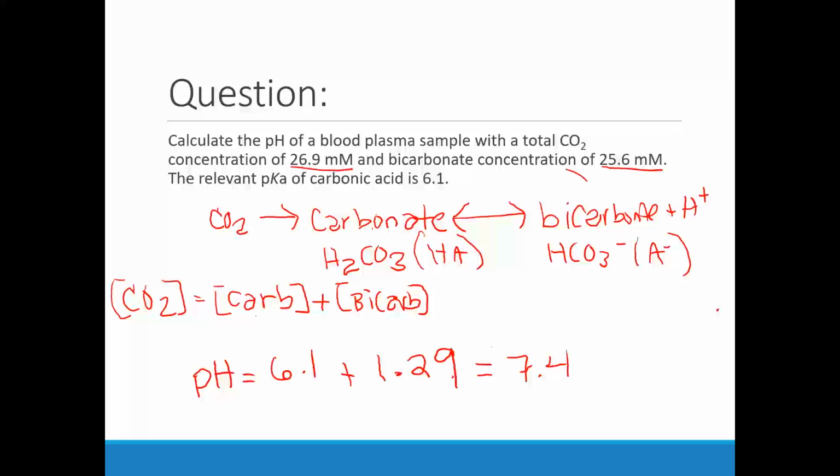So again, our pH of this particular blood sample is 7.4. That is right around a pretty biologically standard pH, which means that the amount of CO2 in this blood sample is a good amount. It is not a case where we have hyperventilation, hypoventilation.